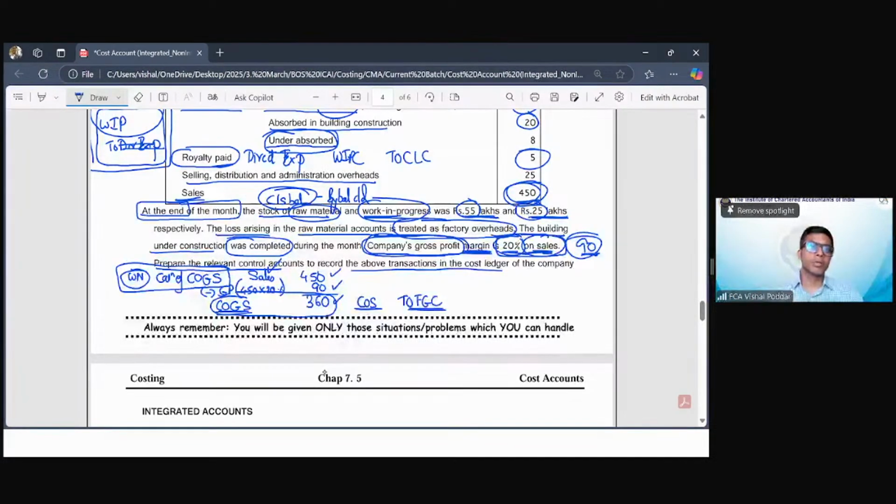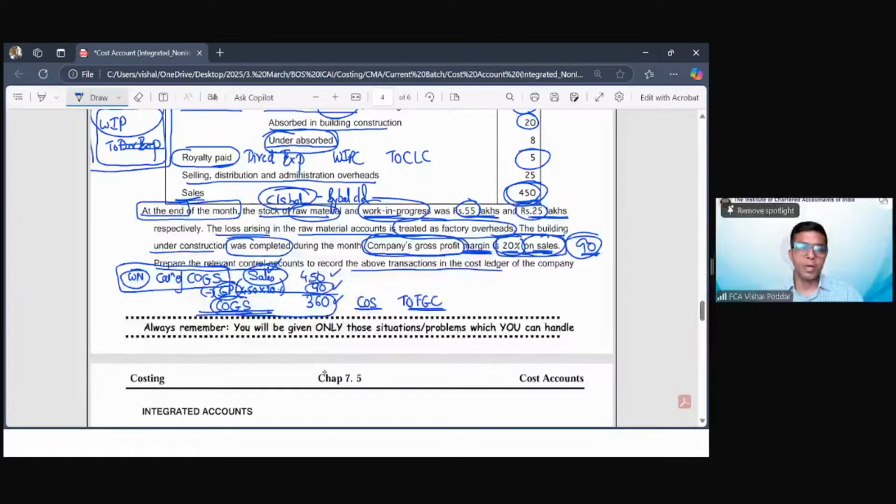Then what I do is I try to understand what could be the use of this GP margin data. So I identify that if from sales, I reduce my gross profit, what is left is the cost. Cost of what? Of the goods which are sold. So the sales is the value of the goods sold at selling price, and if you reduce the gross profit margin, what is left is the cost of the goods sold.